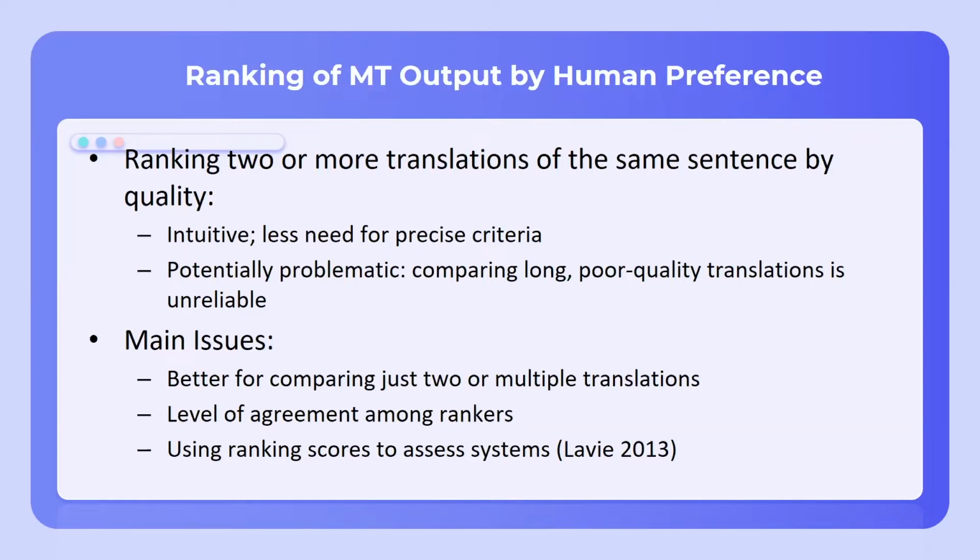Therefore, the main issues would be we have to compare just two or more multiple translations, and we also have to think about the level of agreement among rankers. And we have to use ranking scores to assess systems.